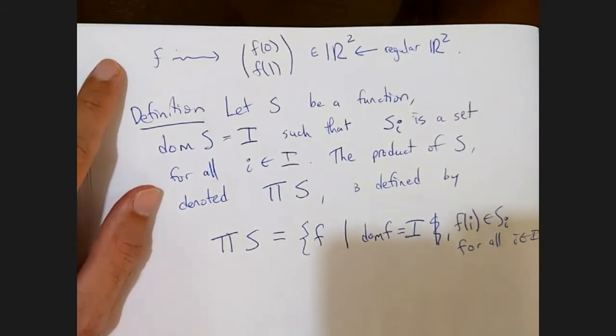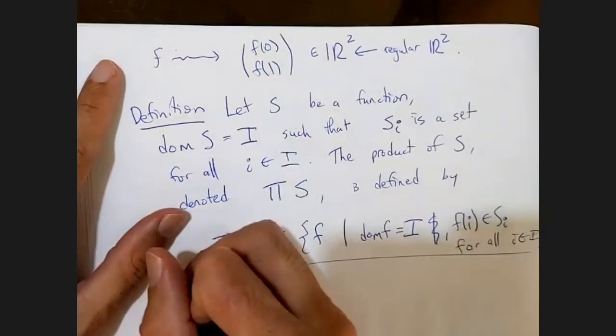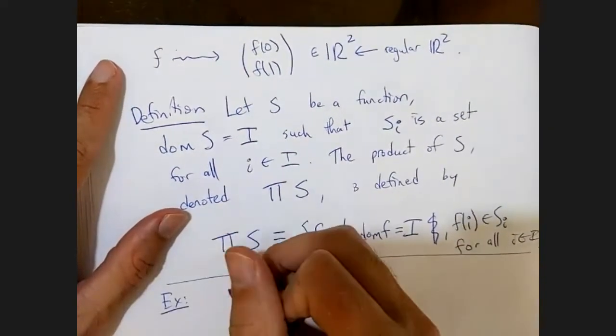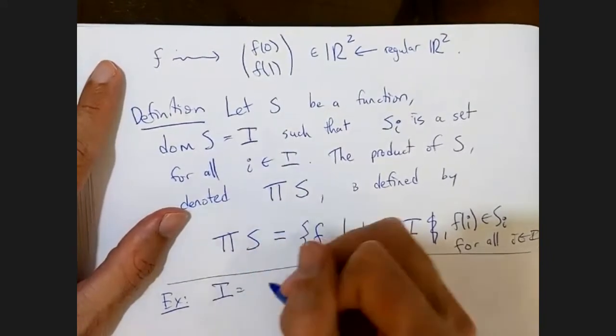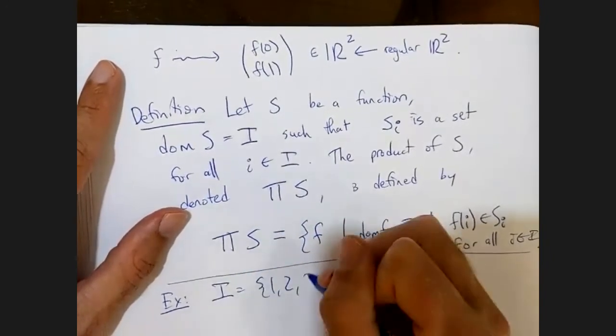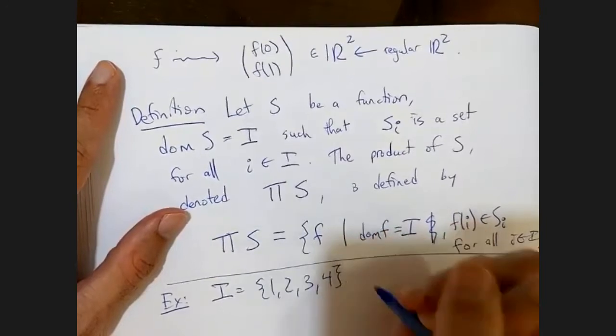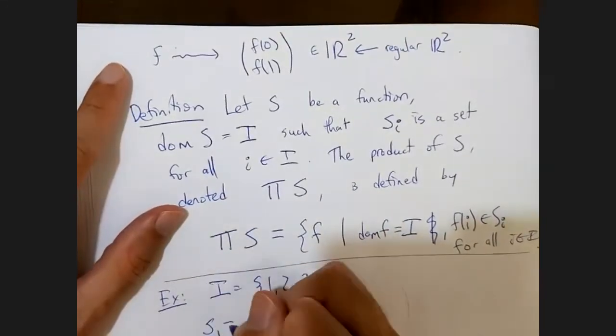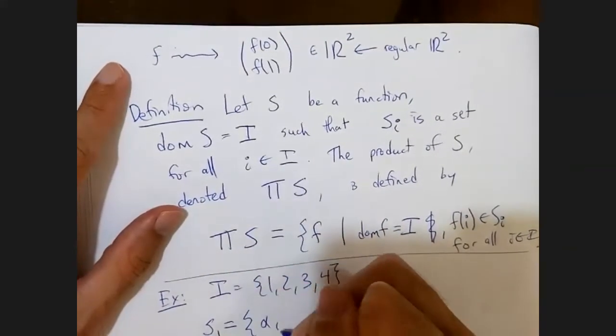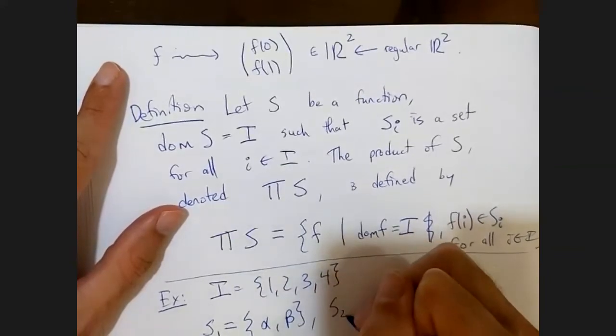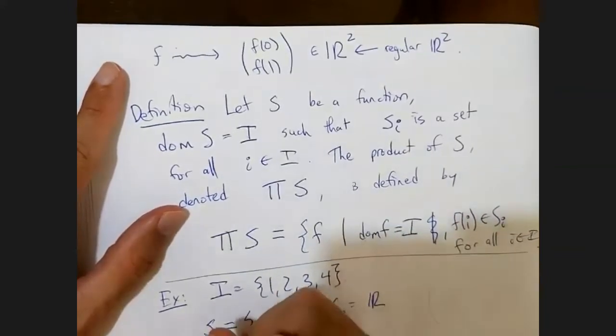Okay. As an example, to kind of see what's happening, we could set our set I to be 1, 2, 3, 4. S1 could be the set alpha, beta. S2 could be the set of all real numbers.